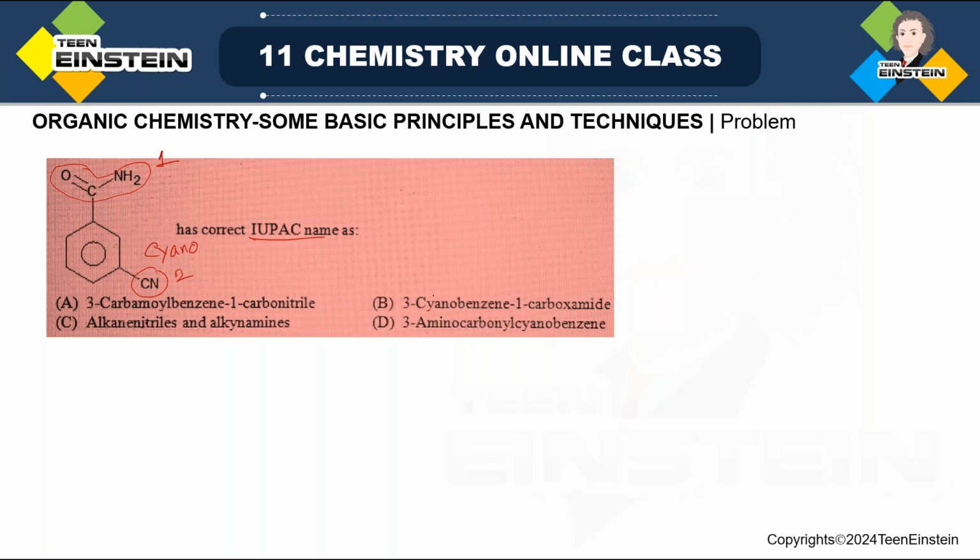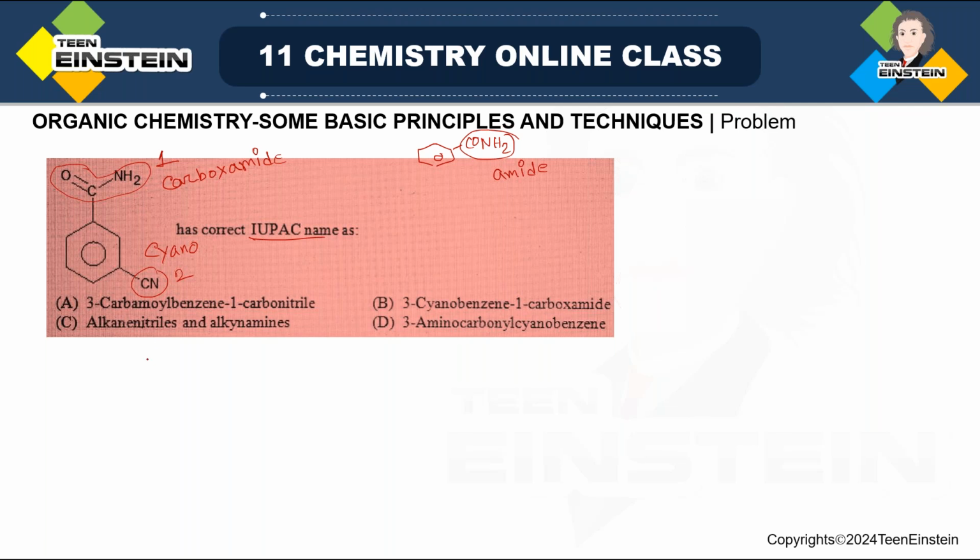Similarly, for the group CONH2, normally, if it is only present in the benzene ring, this group is actually an amide group. But when it is used as a substituent, the name will be carboxamide. Carboxamide.